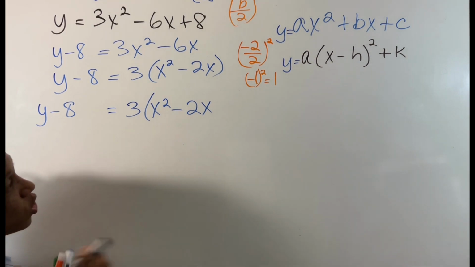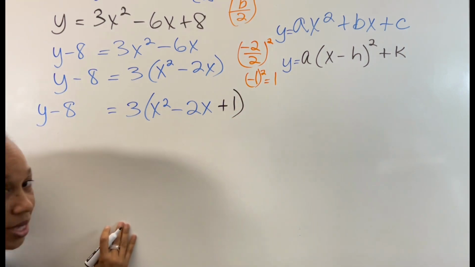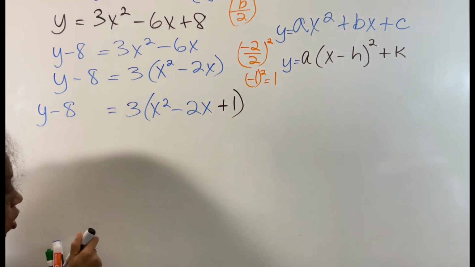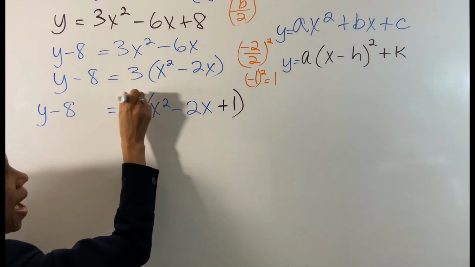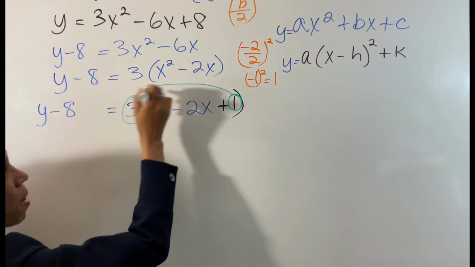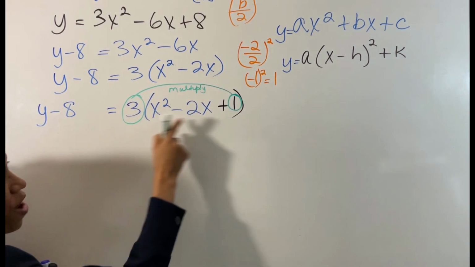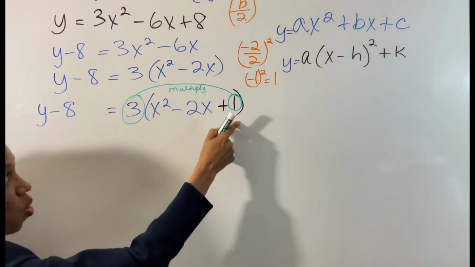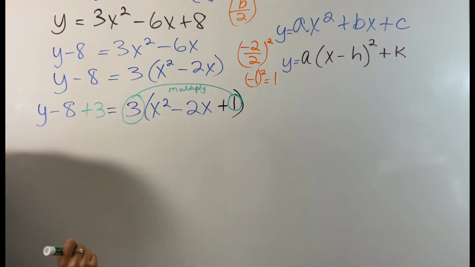I am going to add that 1 here. Close my parentheses. But I'm also going to multiply that 1 by what I took out as my GCF. I'm going to multiply this, and whatever I get, 3 times 1 is going to be 3. I'm going to add it to this side.